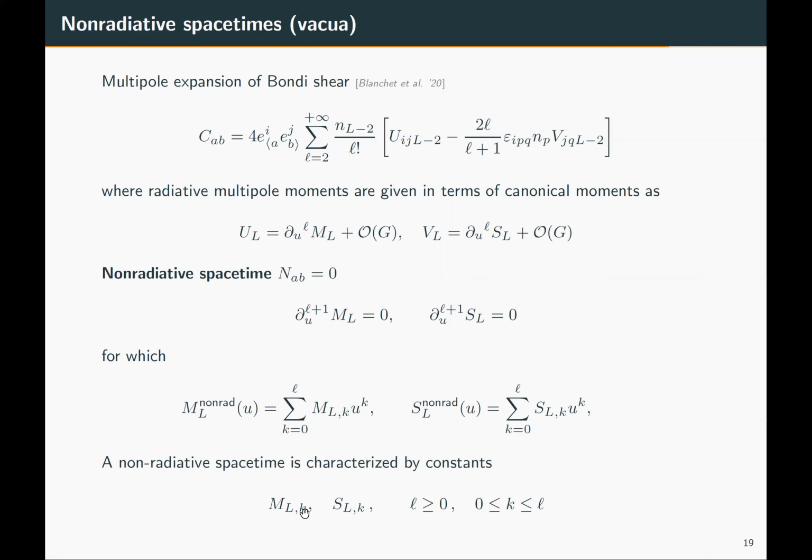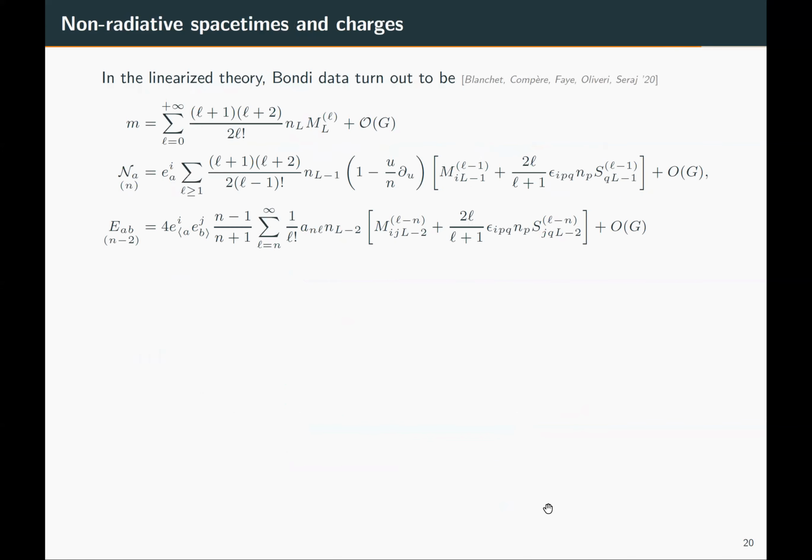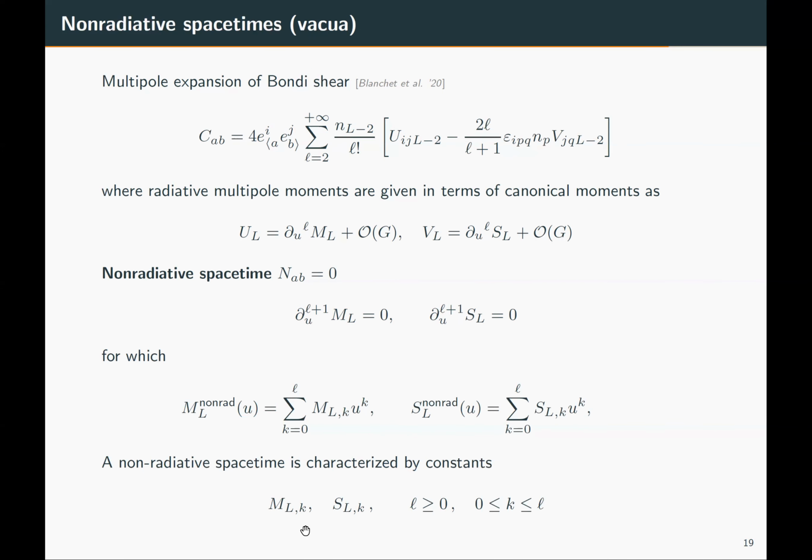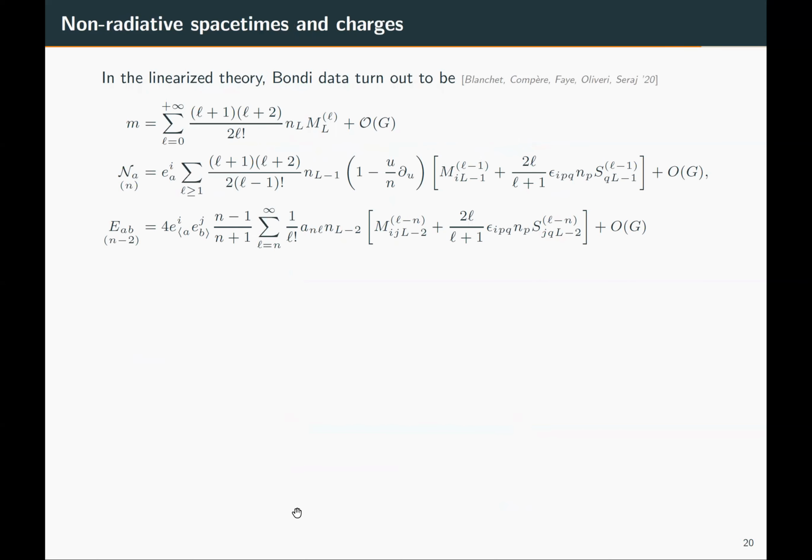These two quantities completely characterize a non-radiative spacetime or a vacuum, where K here is between 0 and L. Okay, now I show that actually these quantities are nothing but these higher spin charges. So let's see how that works.